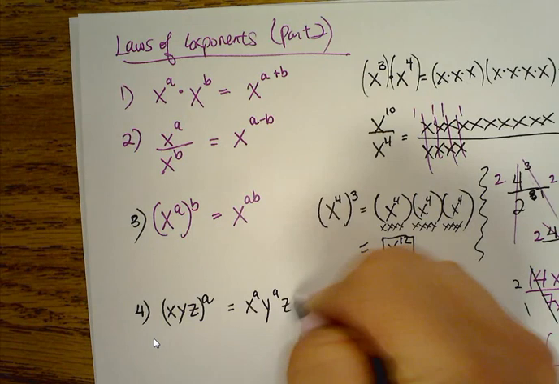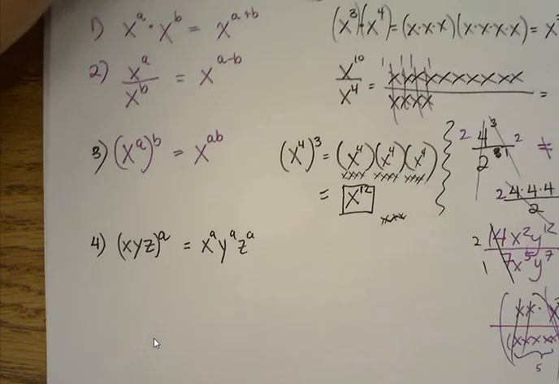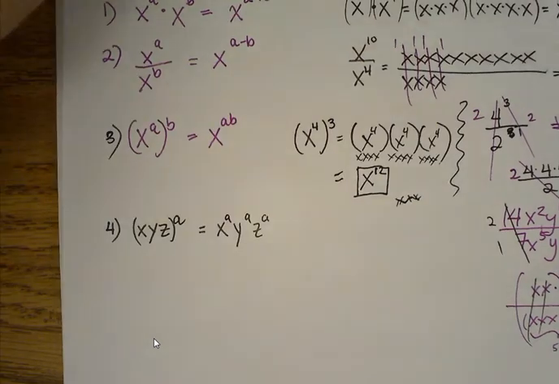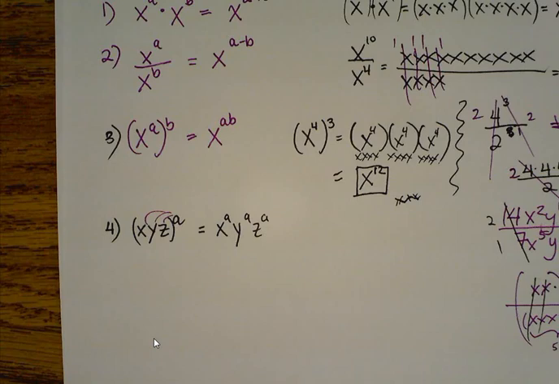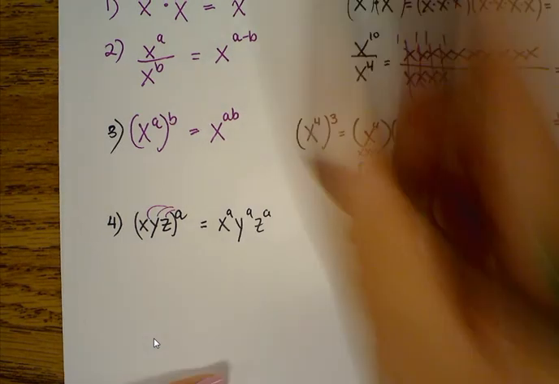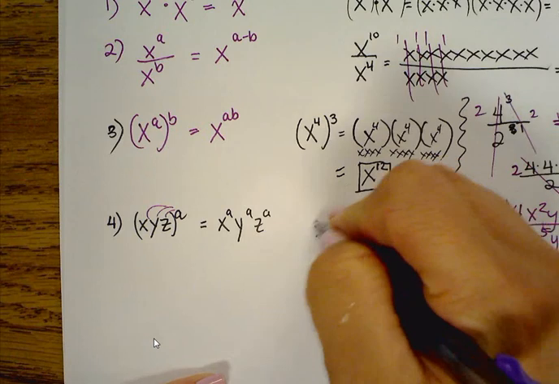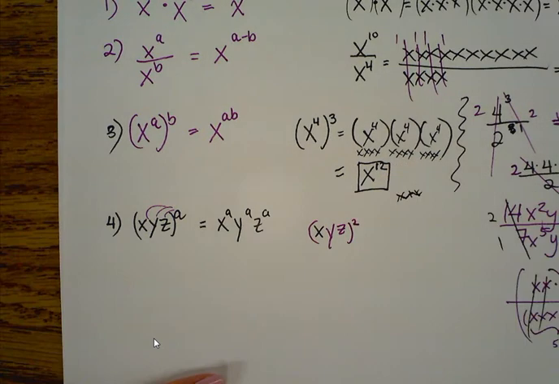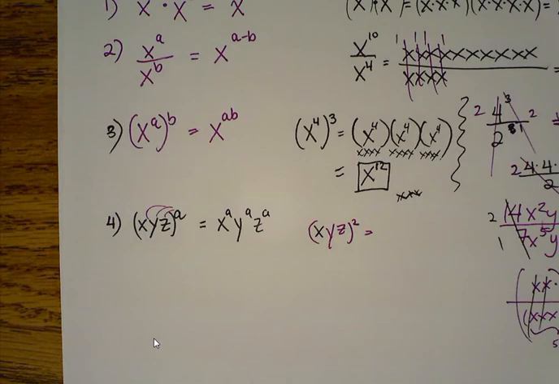Don't say because you can distribute the a. Why can I distribute that a? What does this mean, big picture? Let's expand it out. If I have x, y, and z squared, what is the big picture? Something is being squared. What is being squared?